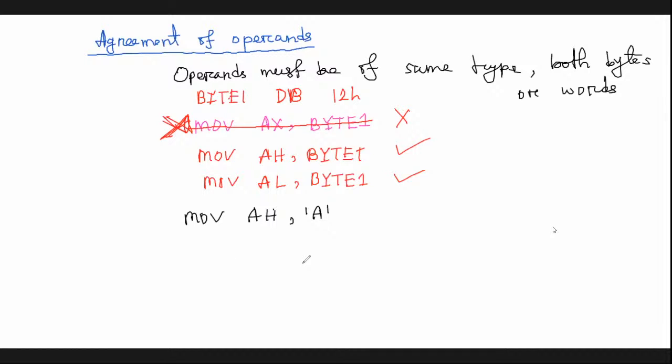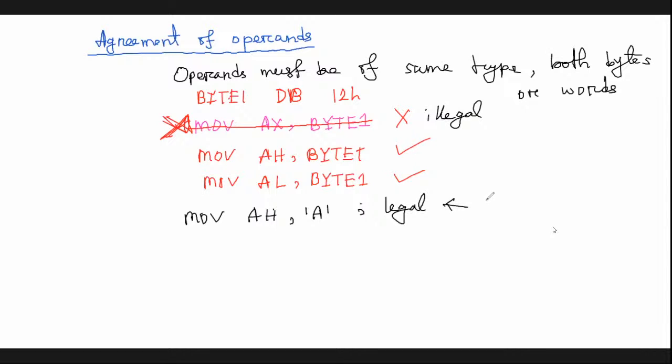Why? Sir, it should be AX comma A. Why should it be AX comma A? A is not a variable, A is a string character. So AL, this is legal.